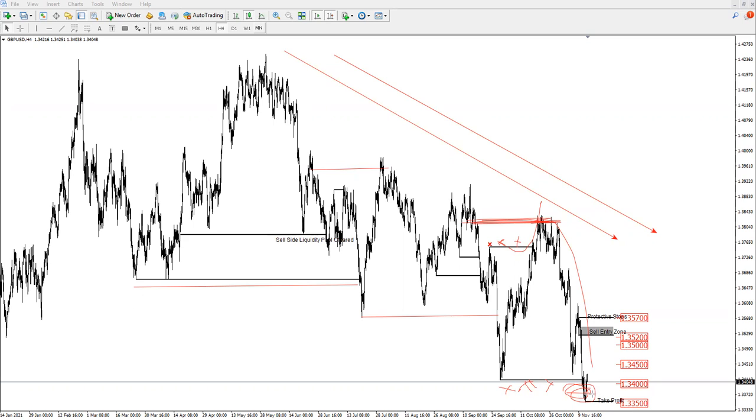So with where price is at right now, we could get a reversal that comes all the way up to 135,200, 135,700, in the zone here, or we could see them wanting to take out liquidity there. Buy side liquidity, we have buy side liquidity, before they can sell.